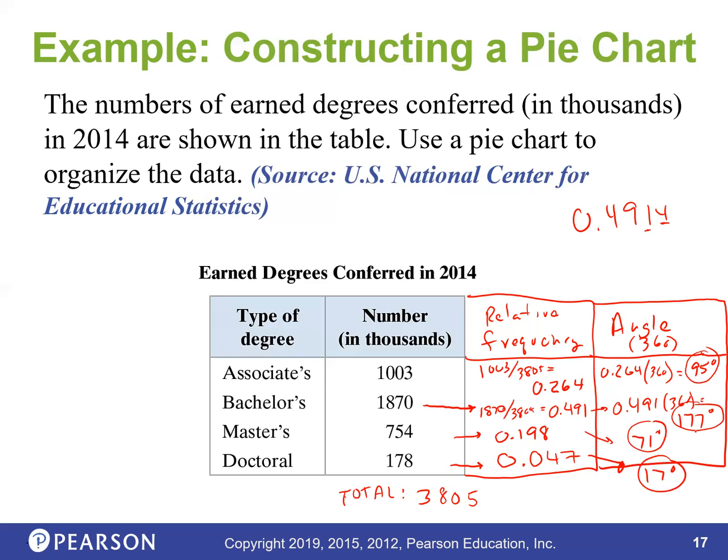Awesome. Okay, you guys, let's construct this little pie chart here. So normally what happens is you just start somewhere. Usually we do our biggest one first. So it doesn't matter where you start. I prefer starting right here at the top, that's just me.